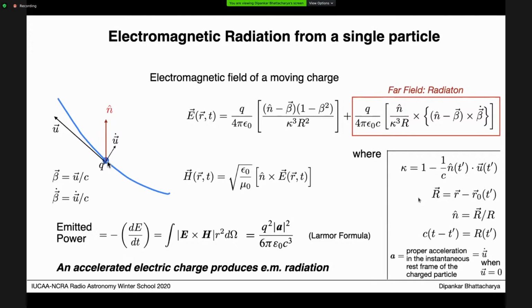And then in that frame, the acceleration that we will measure, that is u dot, when u is equal to 0, is the value of A. So you should remember that if we want to use the Larmor formula, this quantity A has to be always evaluated at the instantaneous rest frame of the charge.